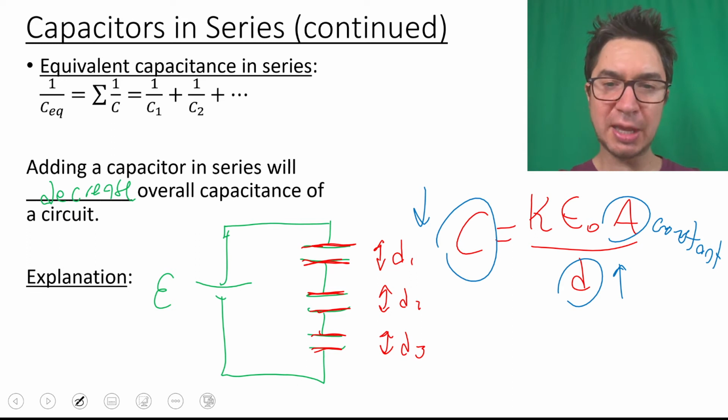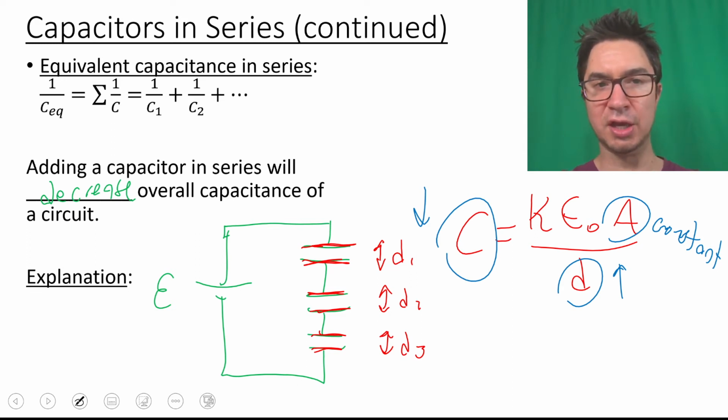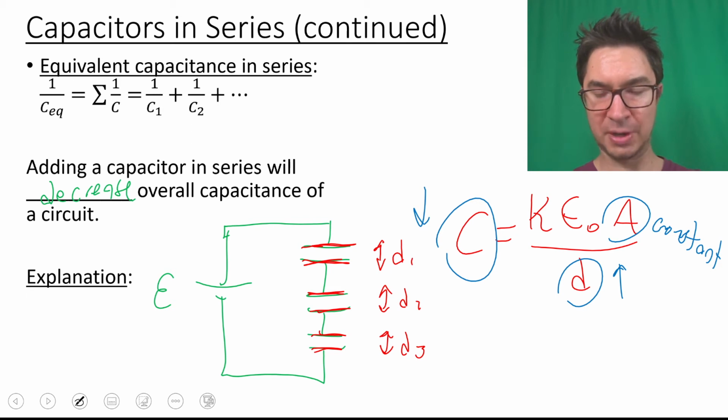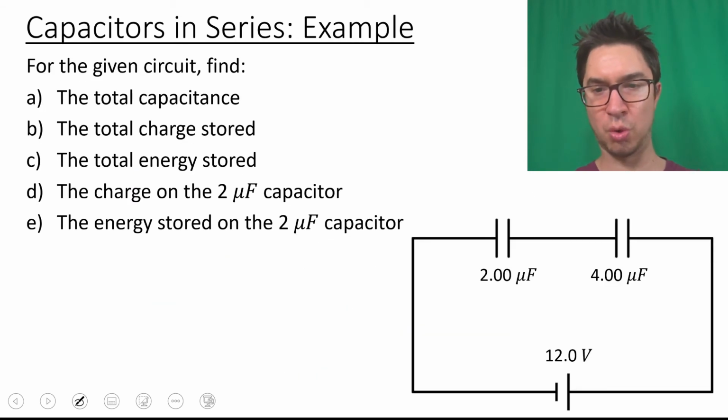So this is a conceptual way to think about why the capacitance of a series configuration of capacitors will reduce as you add more capacitors in series. I hope that was helpful on a conceptual level. Let's look at an example quantitatively.